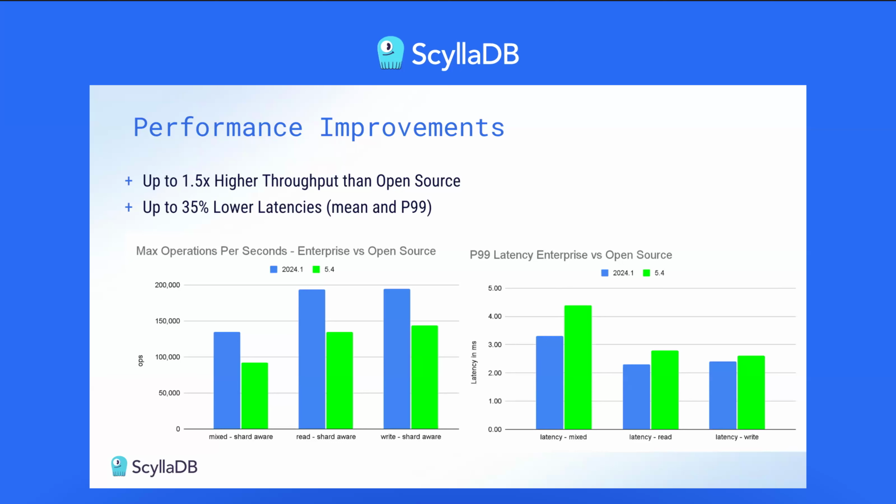I'm not going to explain each of these improvements because it's an accumulation of a lot of smaller improvements. But if you used to work with a previous version of Scylla, especially Scylla open source, you would find that the newer version just works faster, with higher throughput and lower latency on the same hardware. That can translate to using fewer VMs, for example, on the cloud.